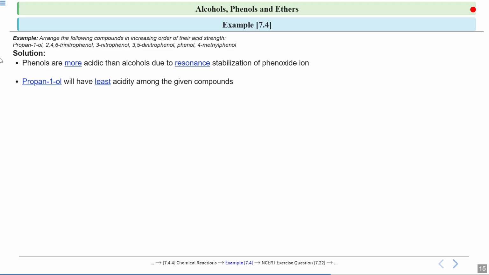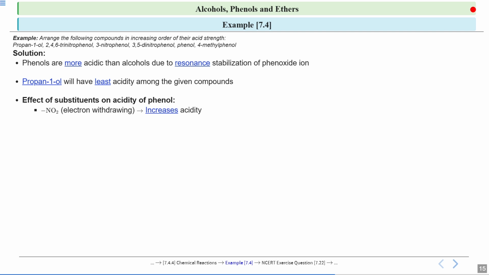So if I talk about propan-1-ol, this is an alcohol. So propan-1-ol will have the least acidity, because if this is an alcohol, its alkoxide ion will be least stable.